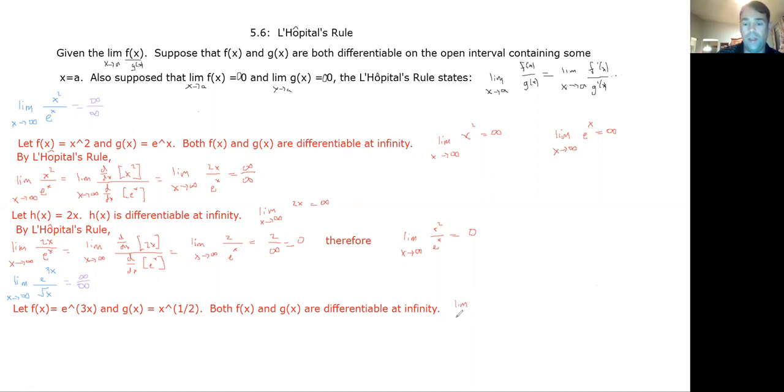The limit as x approaches infinity of e to the 3x, that would be infinity. And we do it again for the square root of x, which is just x to the 1/2, which would be infinity.